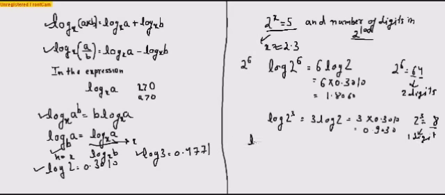Similarly, for log 2 to the power 7, we get 7 log 2, which will be equal to 2.1070, while 2 to the power 7 equal to 128 will have 3 digits.